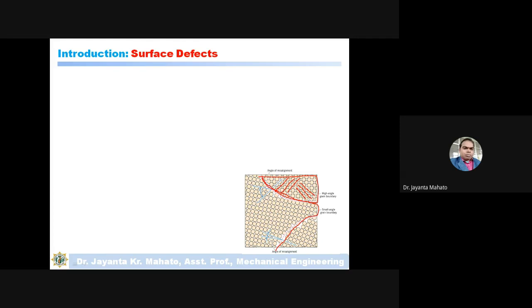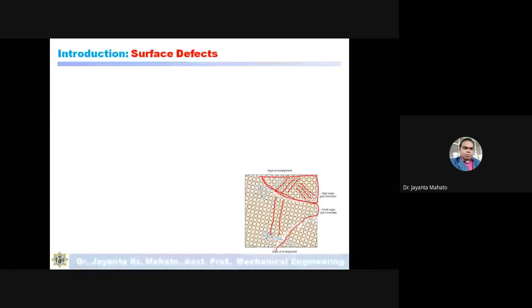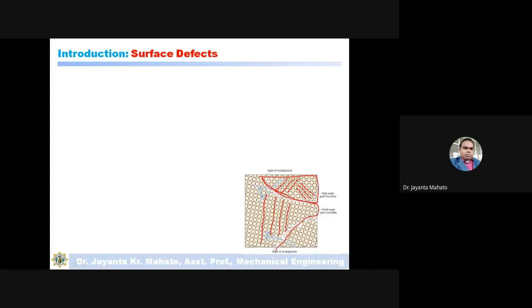Okay, but in this region all the atoms are arranged in this way. A grain means all the atoms are arranged in the same way. Just if you connect the central line of the circle, then this line will form, and along this way.